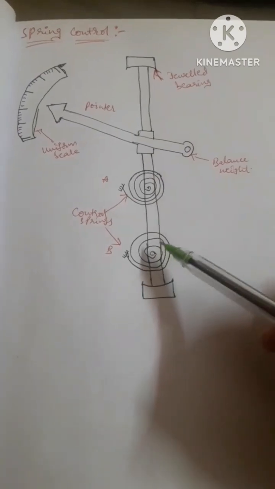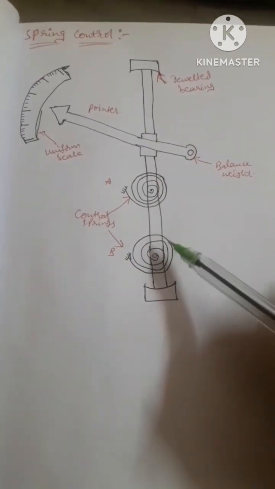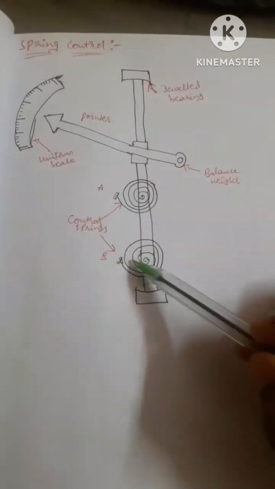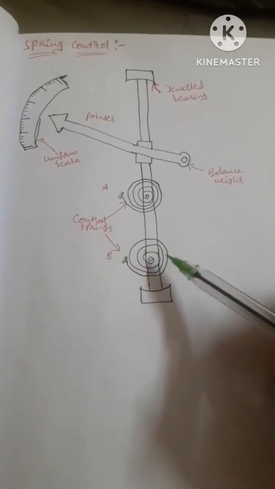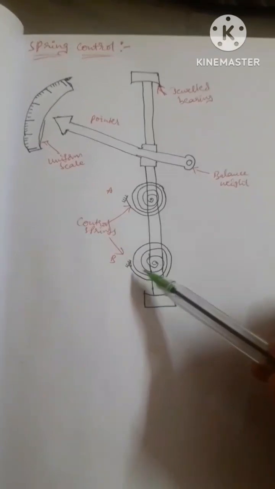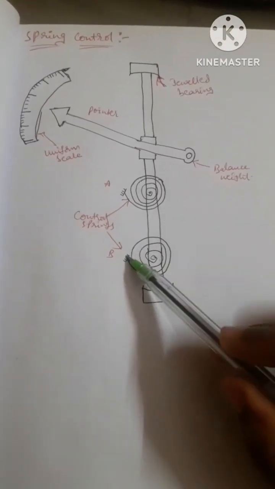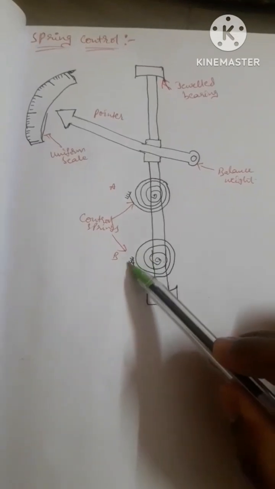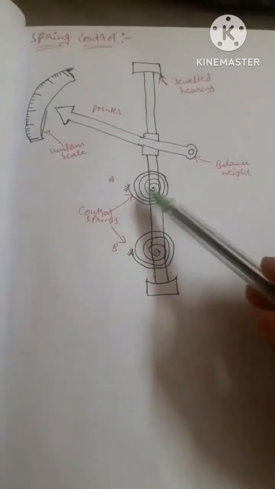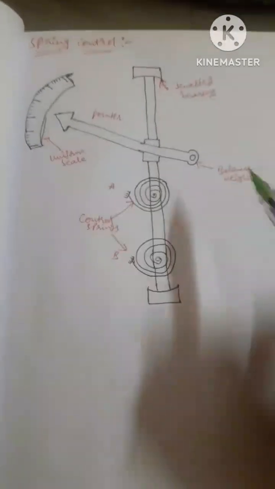The inner end is attached to the spindle and the outer one is attached to an arm, which is actuated by the set of screws. These are the control springs.